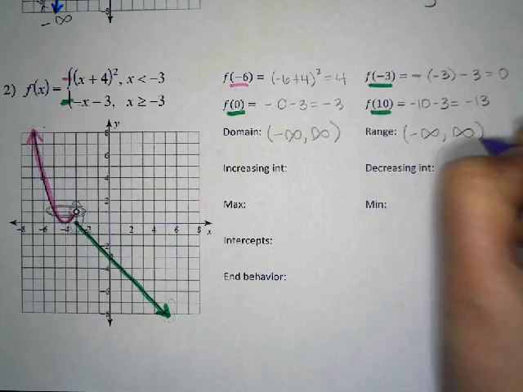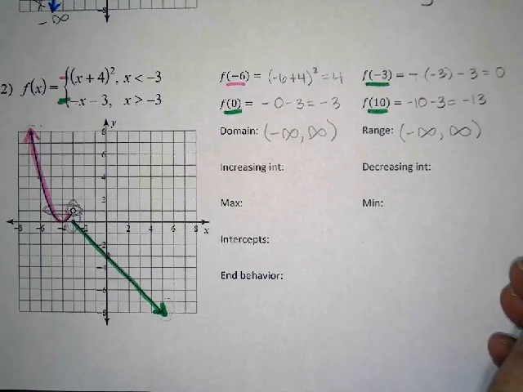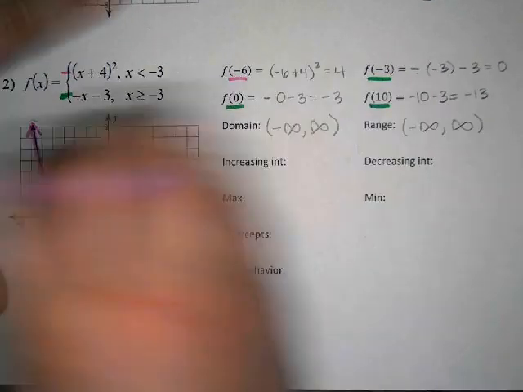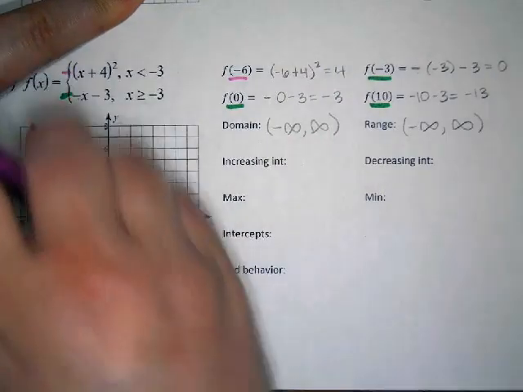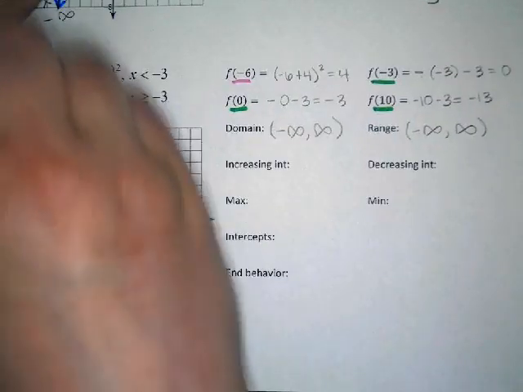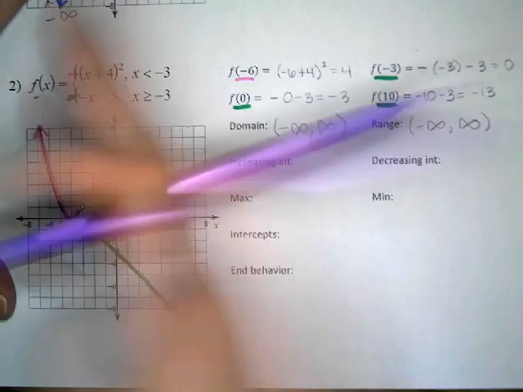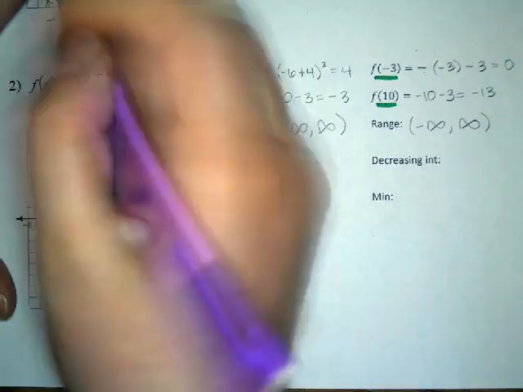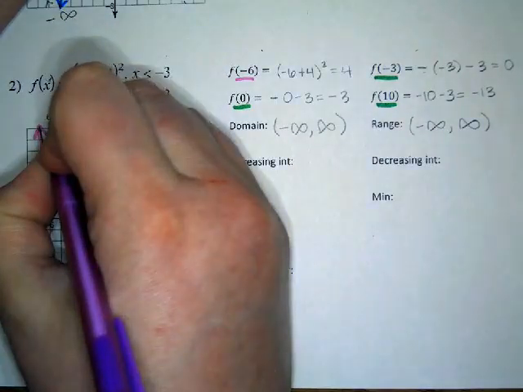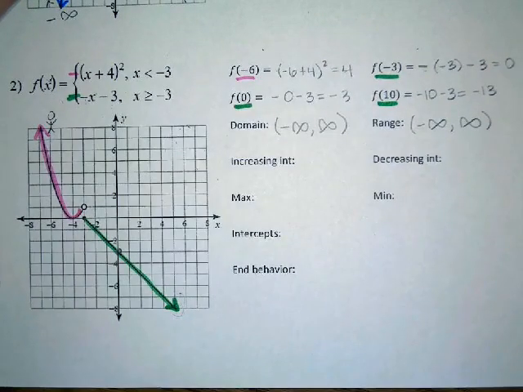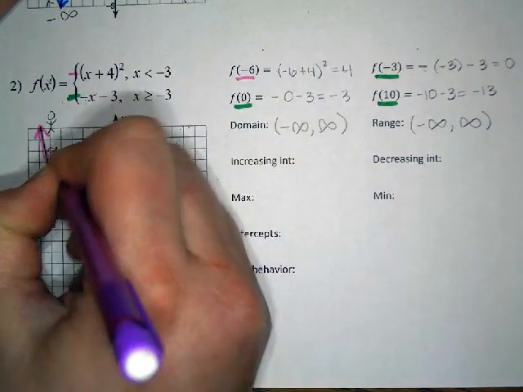Okay, I'm going to go ahead and put my stick figure on the graph for increasing and decreasing. So I've got my stick figure right here. And what is he doing first? Decreasing. He goes downhill, all the way to what value?